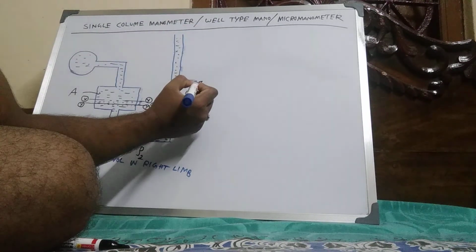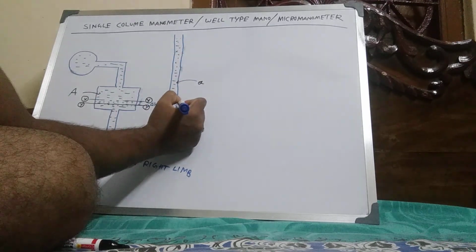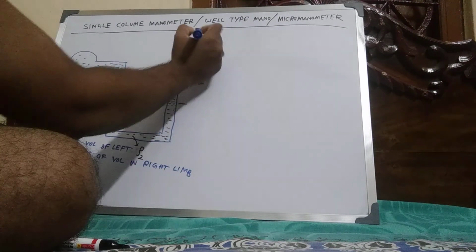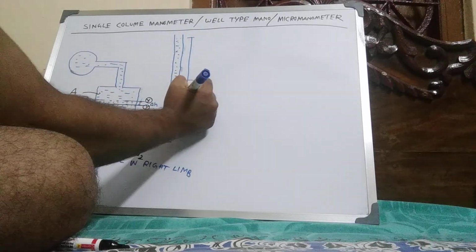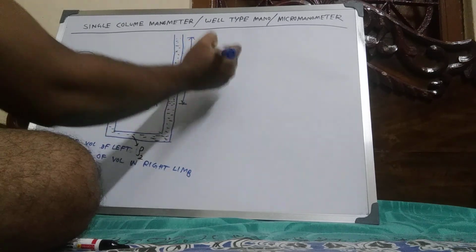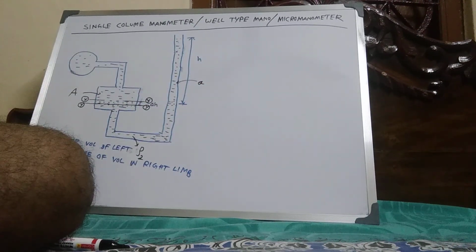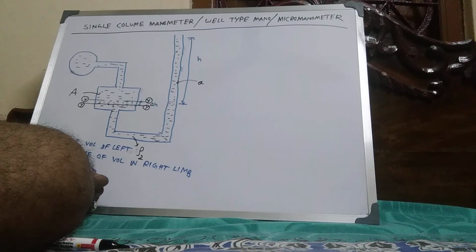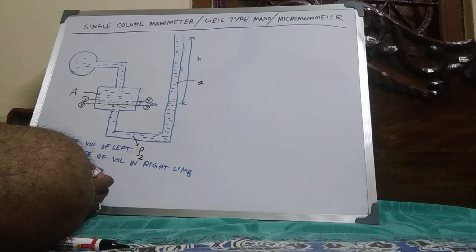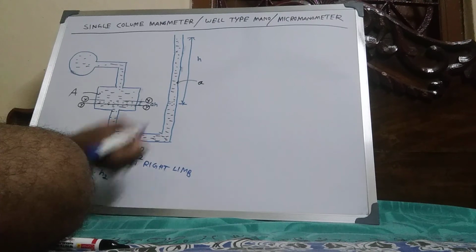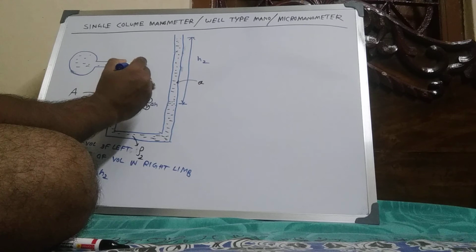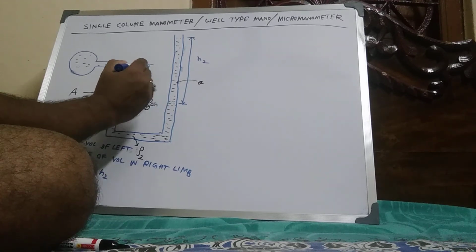First the height was this one, h, so A into delta h and A into, suppose h2, this is h2 and this one is h1.